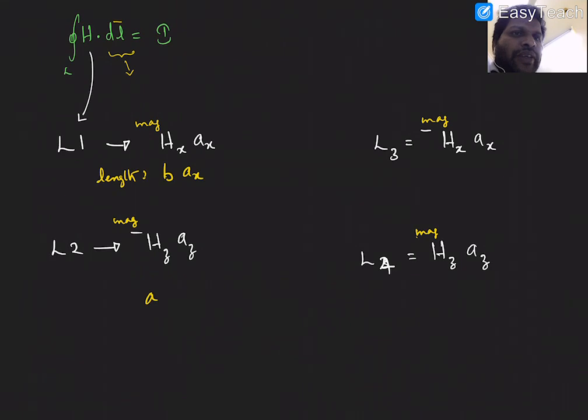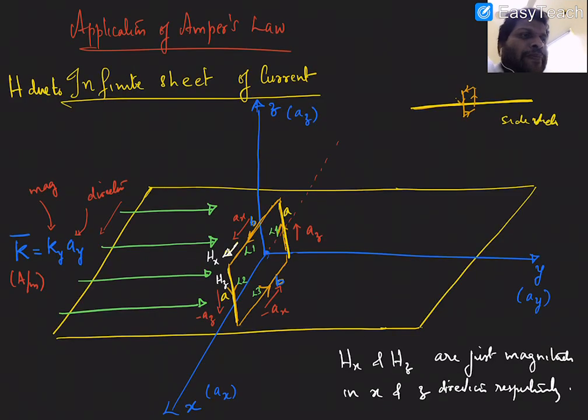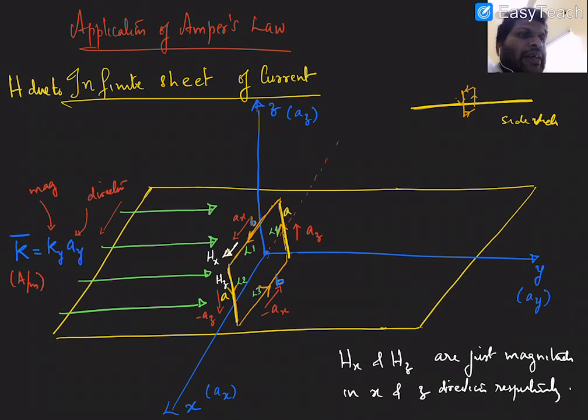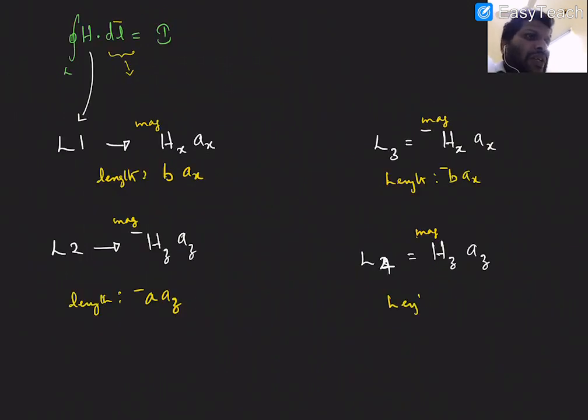Next is b into minus ax. And the fourth piece, L4, is a into az. I hope it is clear.